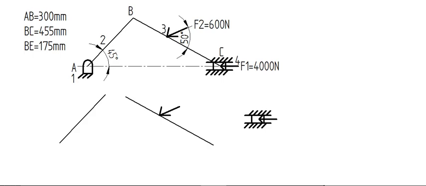Okay, so I'll show you. So this is the angle. First will be the vertical part, and one more with the angle which is shown here.